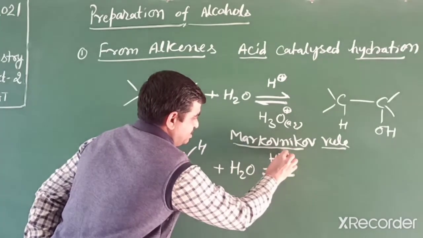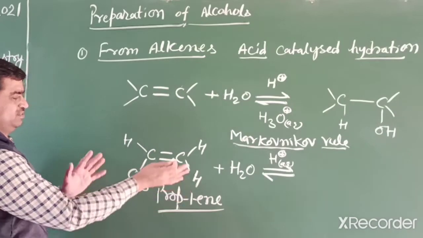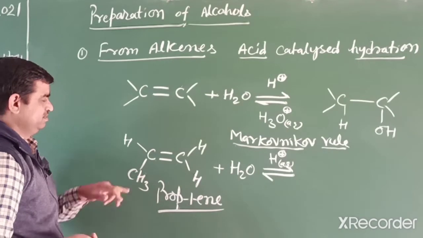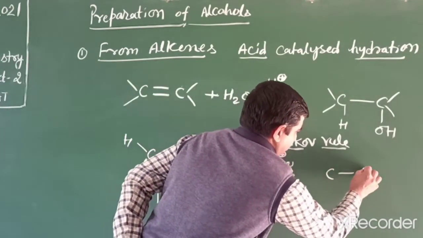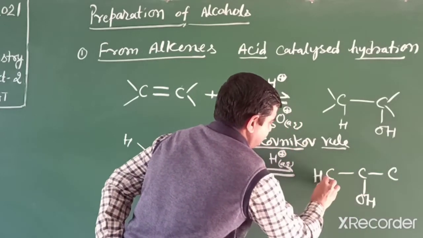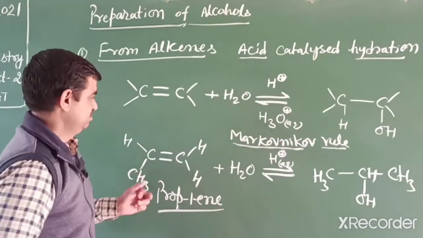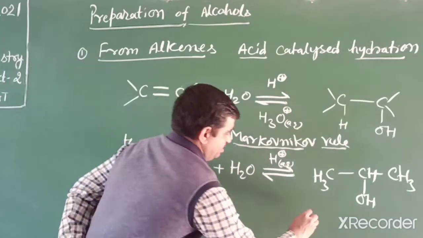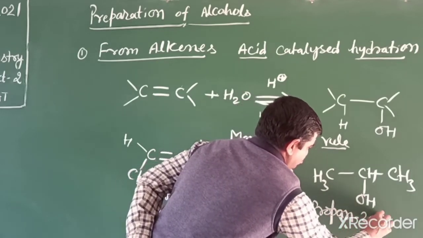We can write acid as a medium, or you can write H3O plus. When adding, the OH attaches to the carbon having fewer hydrogens. So we get propan-2-ol. In this reaction, we find propan-2-ol according to Markovnikov rule.